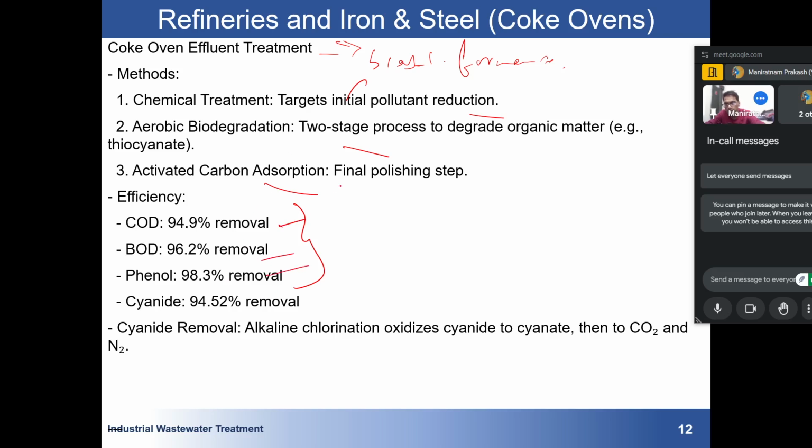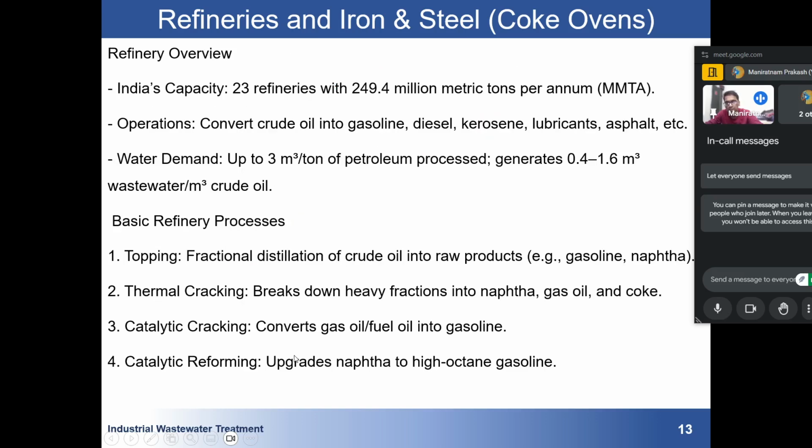These are some of the methods to treat wastewater produced from the coke oven. Cyanide removal also occurs by alkaline chlorination, which oxidizes cyanide to CO2 and nitrate. Some form of cyanide also comes, and to remove it, alkaline chlorination is done.